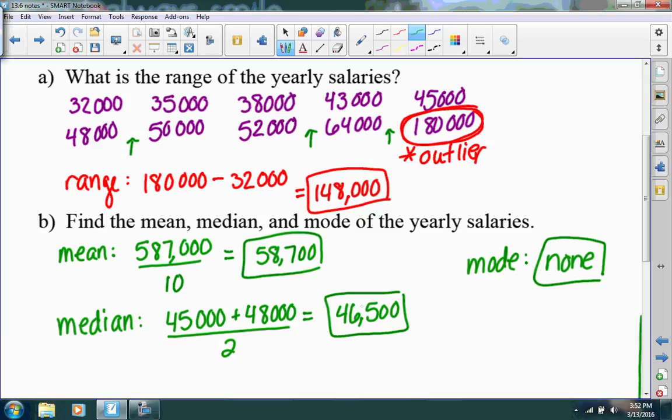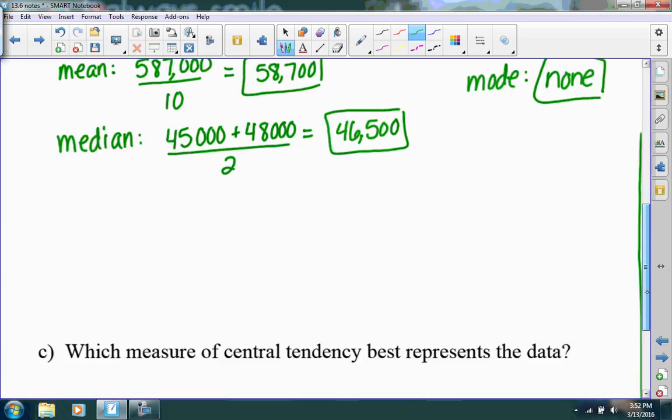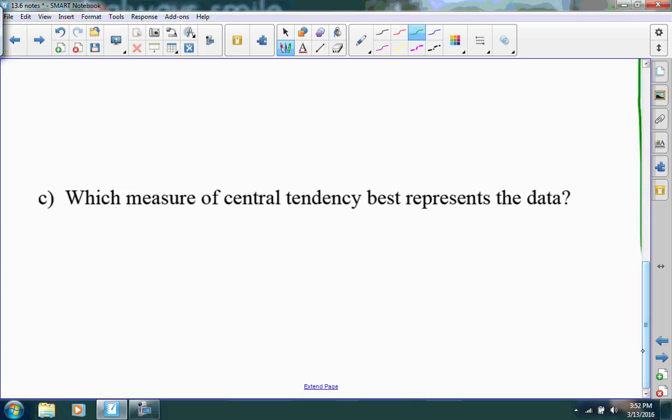So having a number in the $46,000 range is a lot more representative of the other numbers that are in the set, and it's not as affected by the $180,000 outlier. So here I would say that, again, the median is going to be the best representation of the data because it's not as affected by the outlier.